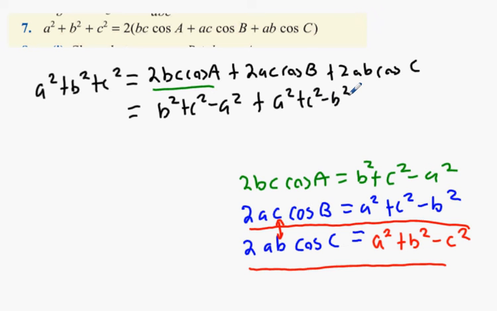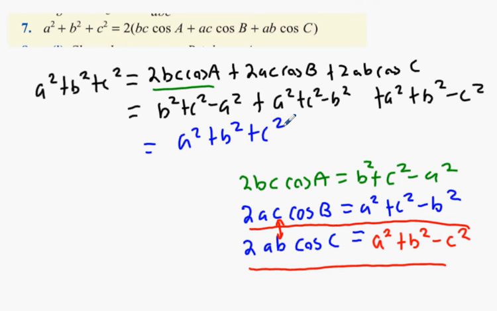One after that. A squared plus B squared. What happens next? It's just going to be A squared plus B squared plus C squared, isn't it? 2 of them take away 1 of them. Difficult enough, right? Okay. And last one.